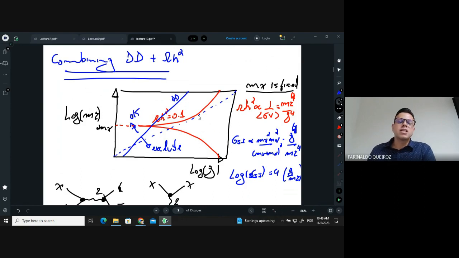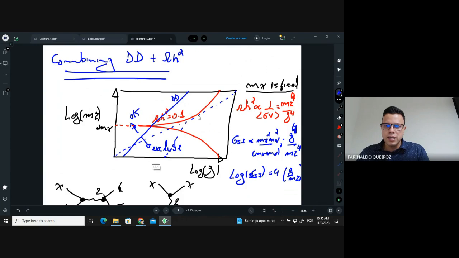And the direct detection experiments have experienced a significant improvement in their limits. They change their limits by one order of magnitude a year. That's insane. So soon, this limit, which was in blue, at some point was here.